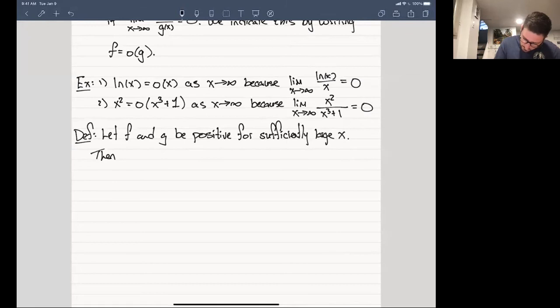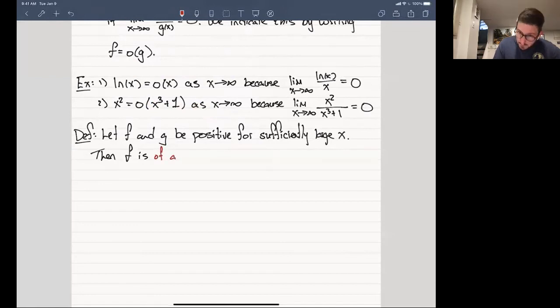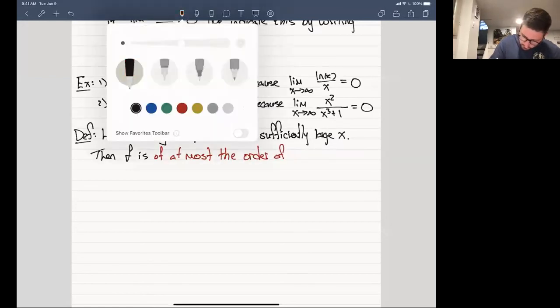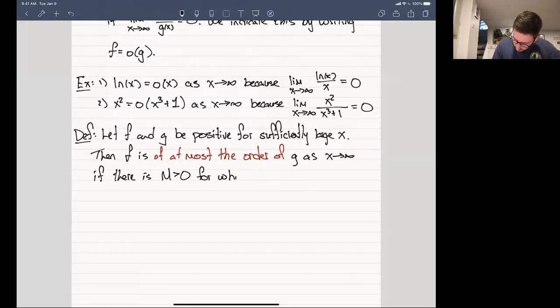Then f is, in this case, of at most the order of g as x goes to infinity, if there is some number m greater than 0 for which f of x over g of x is less than or equal to m for sufficiently large x.